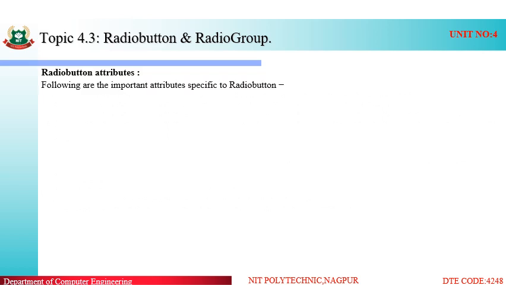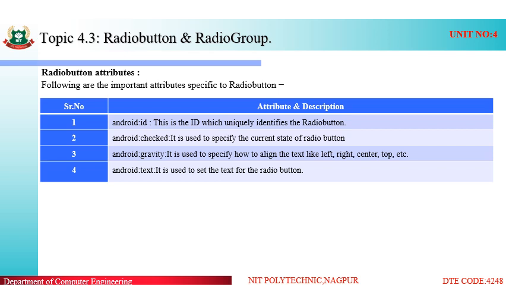The important attributes related to the radio button which we will use while designing the user interface are: first is the ID property. We give the ID to the radio button. Then android:checked is used to specify the current state of the radio button. By default, the radio button is always unchecked, so android:checked will be false.